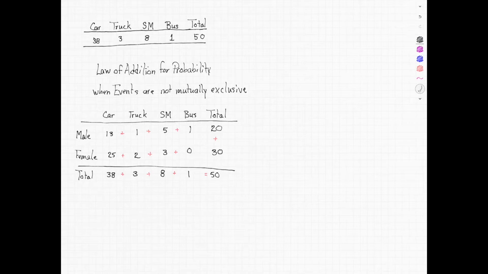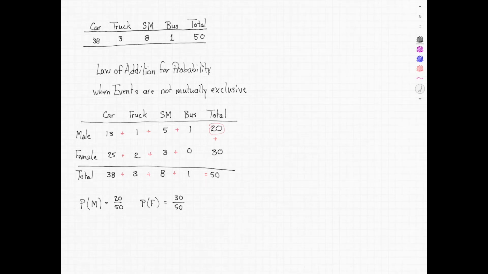And we've already been through the probability of cars and trucks. Let's find the probability of being male. Well, that's going to be 20 out of the 50 total. And let's try again. For the females, the probability of a female, well, there's 30 females out of 50 total students.